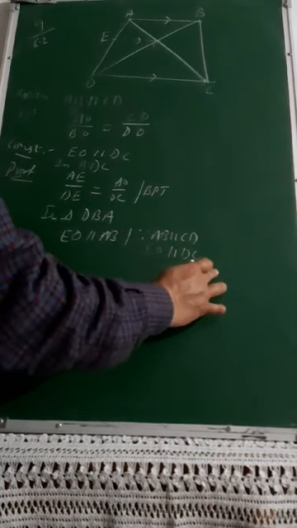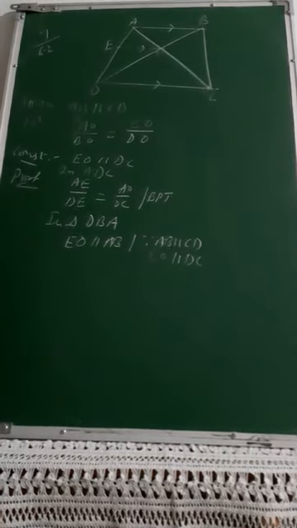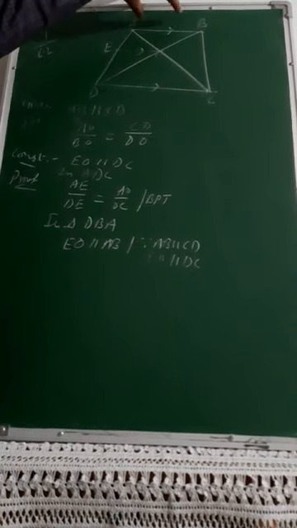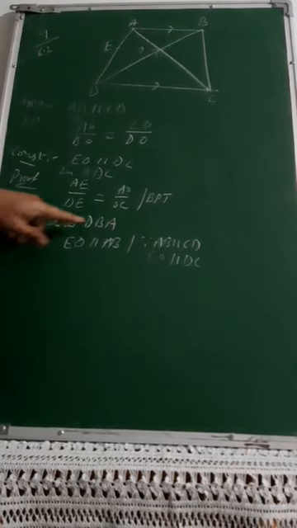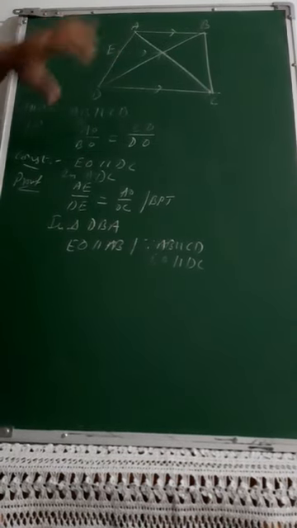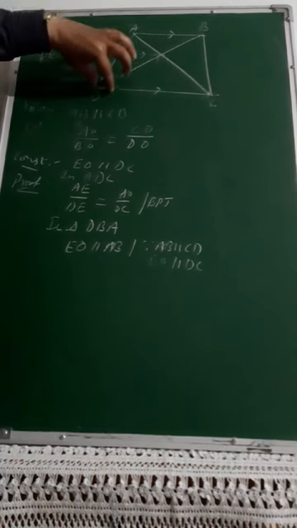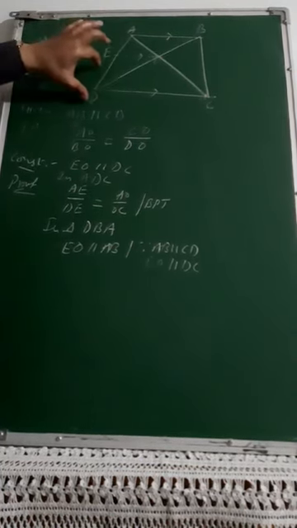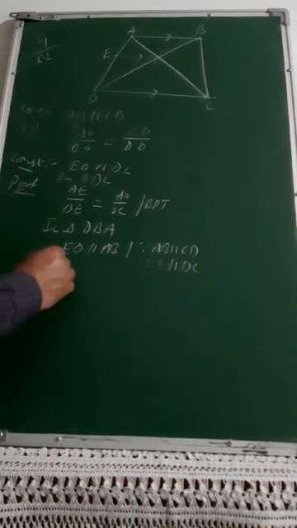This we said by construction and this is given to us. So I can say that EO is parallel to AB also, but now the triangle is DBA. So again I am in a position to apply the basic proportionality theorem.